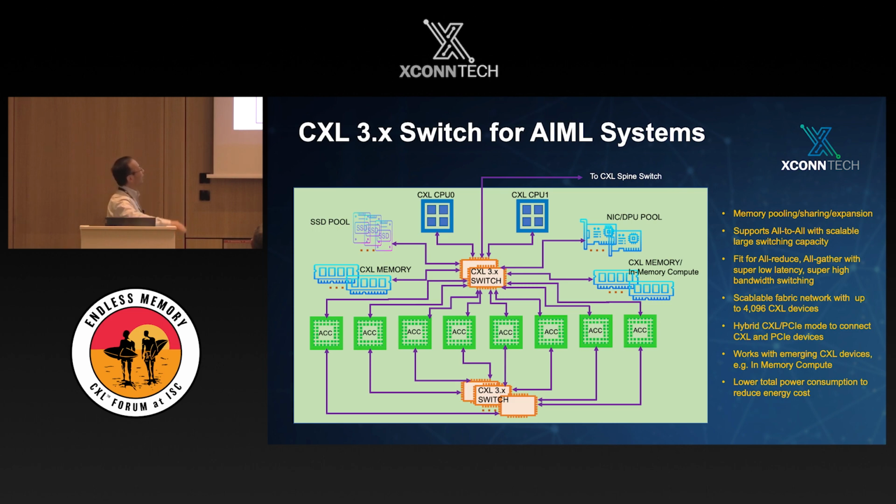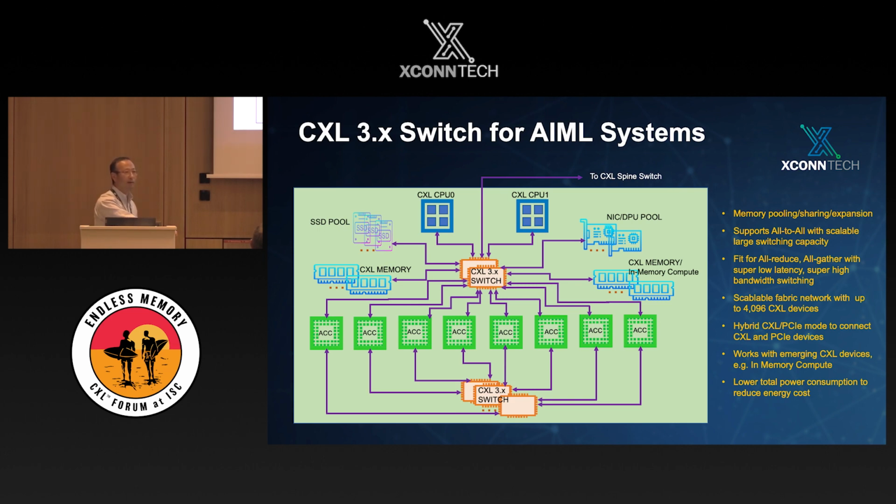And in the CXL switch connecting the heterogeneous computing units, we also see the switch can support all-reduce or all-gather kinds of operations as well. People also talk about CXL memory and in-memory computing.